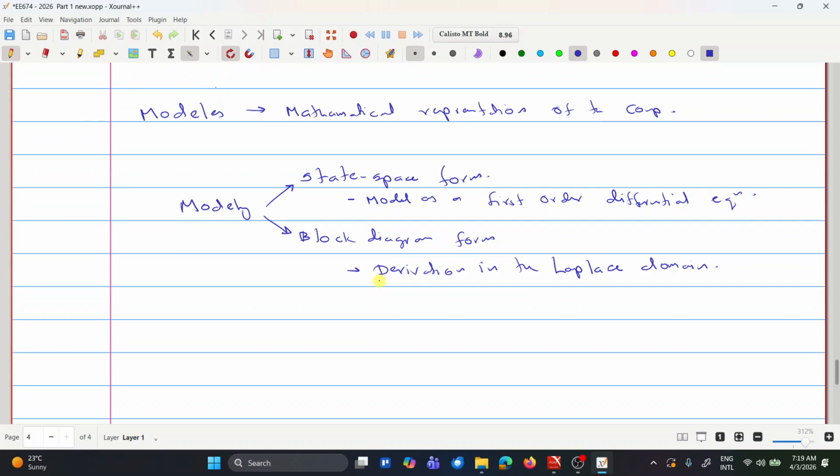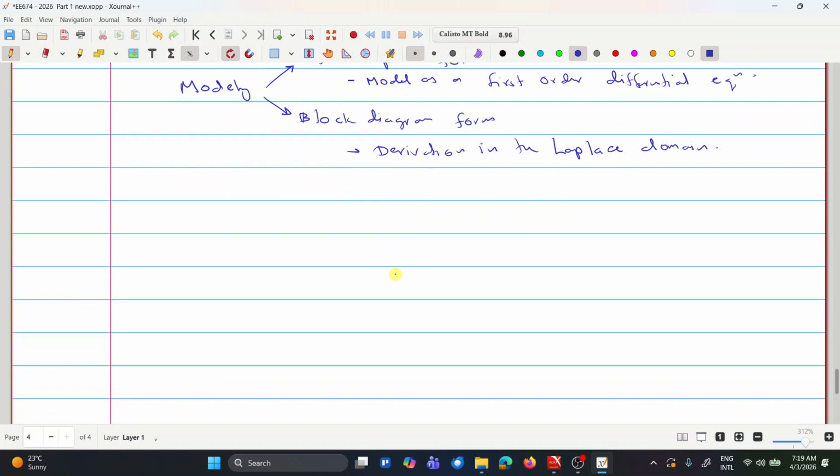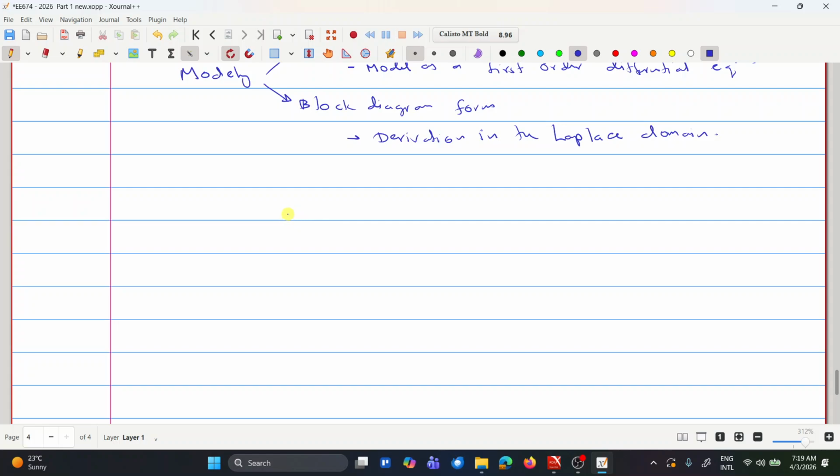So let's look at the different components. We will model for the load frequency control.